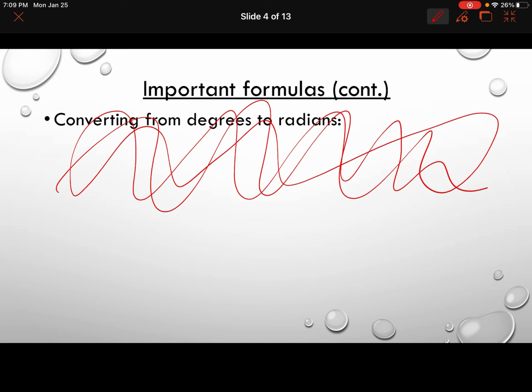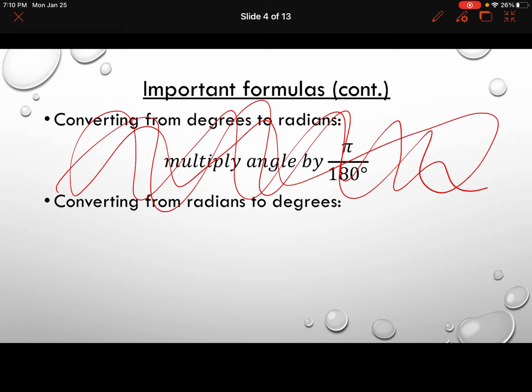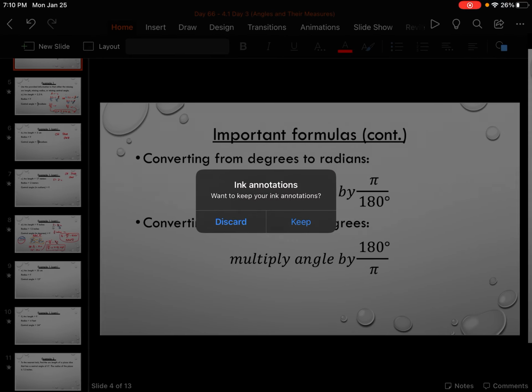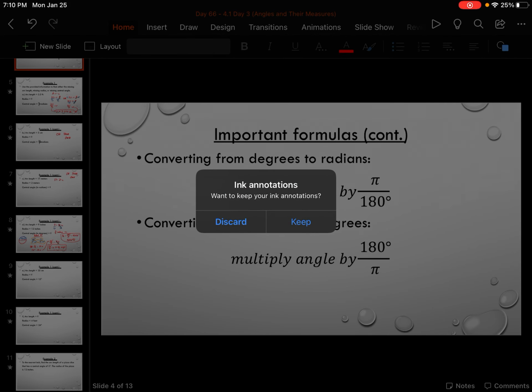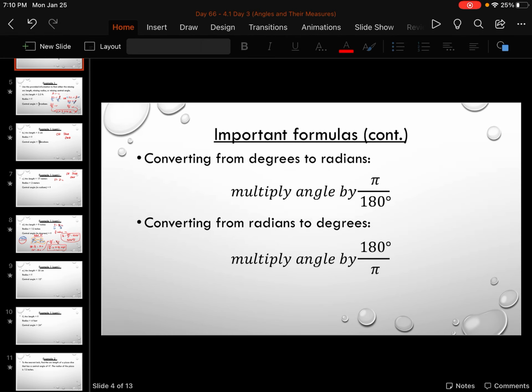We'll talk about them in a second. So converting from radians to degrees, multiply your angle by 180 degrees over pi. So 180 degrees over pi gives you your angle in degrees, once again, if you already have radians.